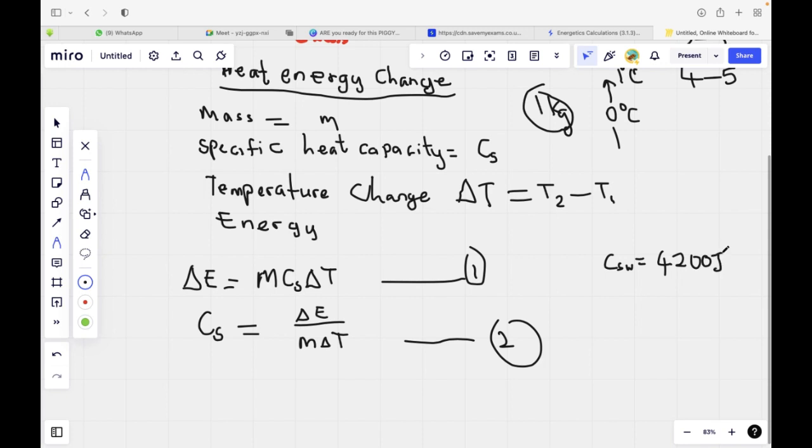If you're using kilogram, it becomes joule per kilogram per degree Celsius. But if you are using gram, this value is still the same, you can say just 4.2 joule per gram per Kelvin. You know they can write per gram like this. Joule per gram can be written like this. You can write joule per kilogram like this, right?